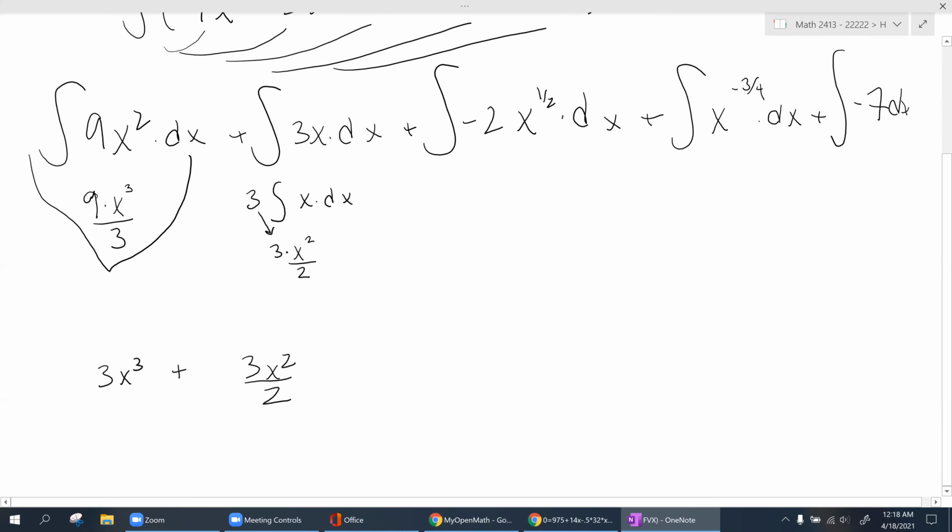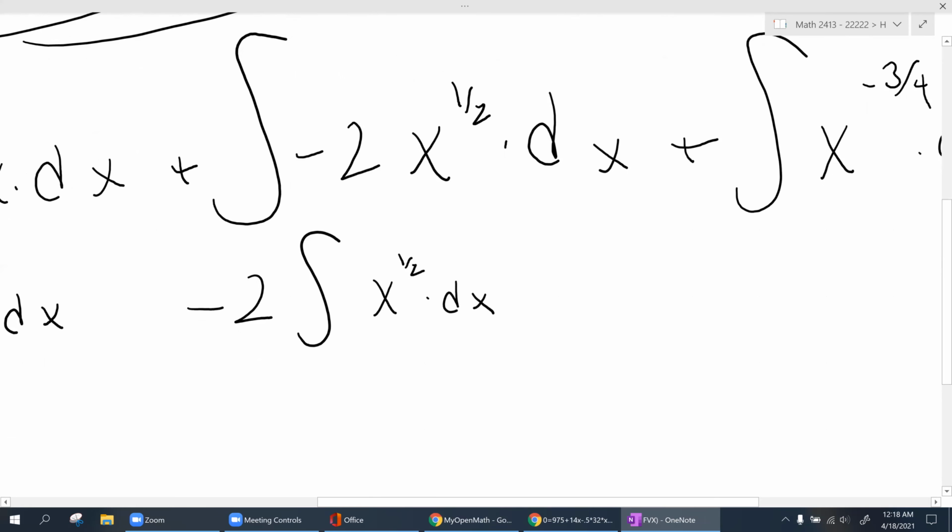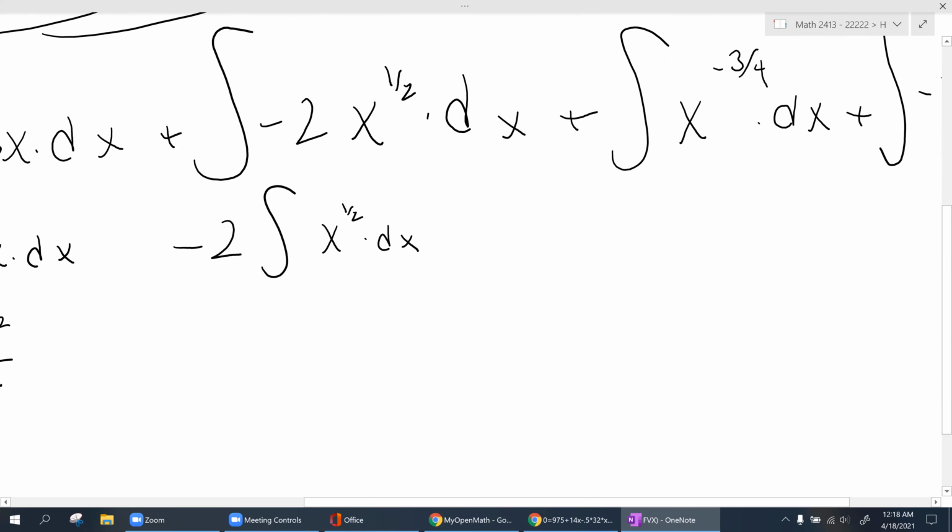Very nice. Let's go ahead and do this one here. There's a negative. I don't want that, so let me factor that out. This is a negative 2 times the integral of x to the 1/2 dx. And just like before, I'm going to show you 2 ways to do this.